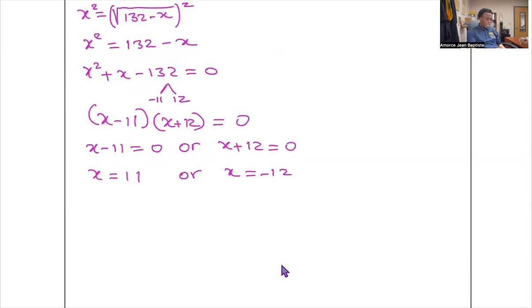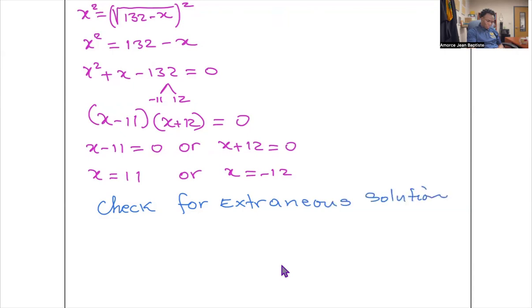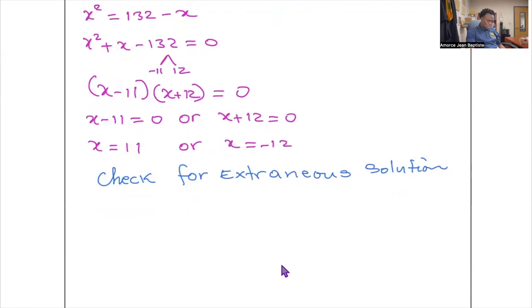So we need to check for extraneous solutions. We're going to start with x equals 11 and then x equals negative 12.